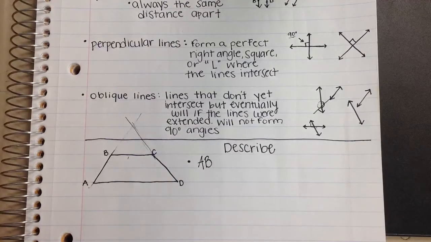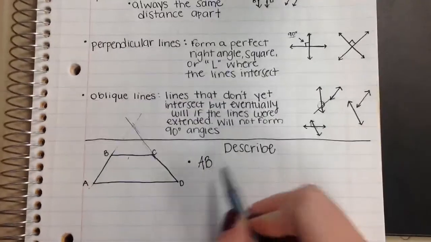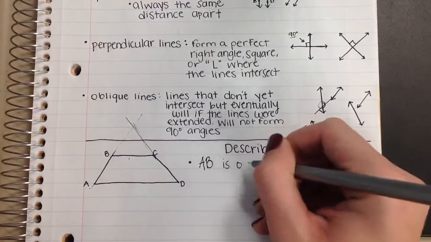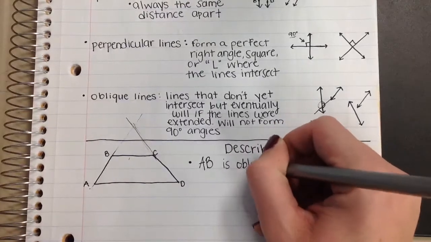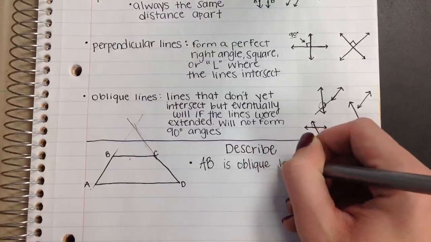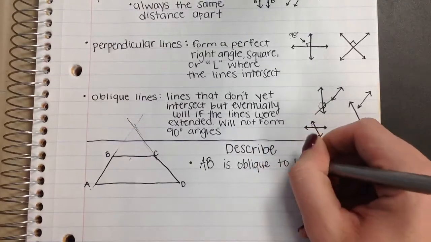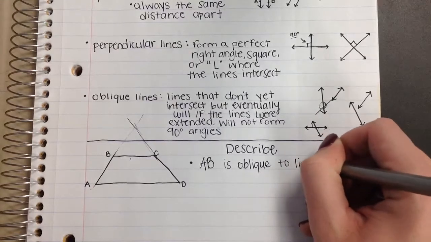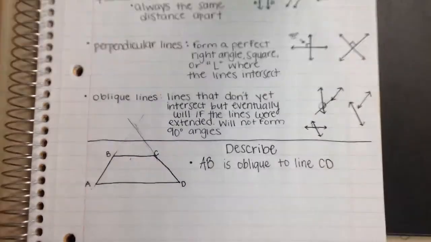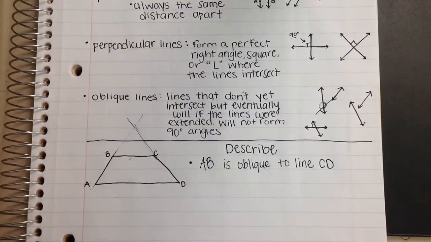And they do not actually form a perfect right angle. So we are going to say that AB is oblique to line CD. That means that they intersect, or they eventually will intersect with each other.